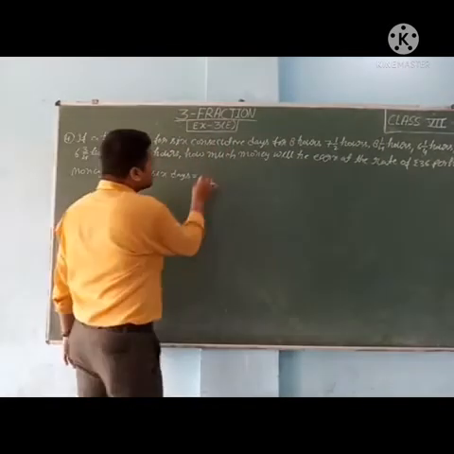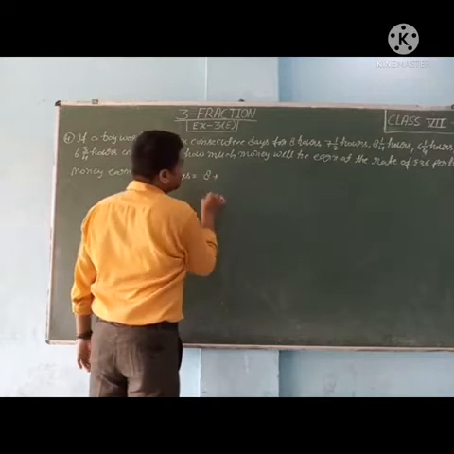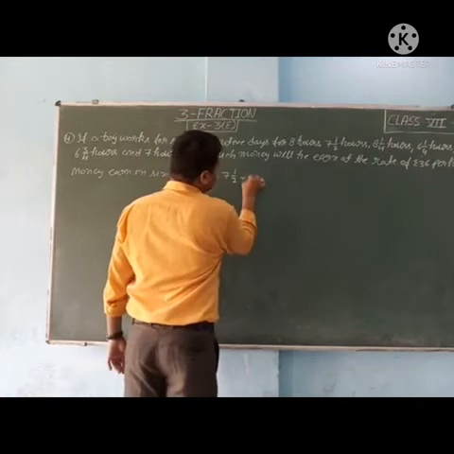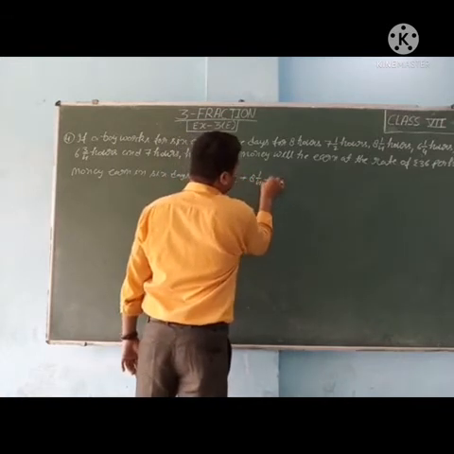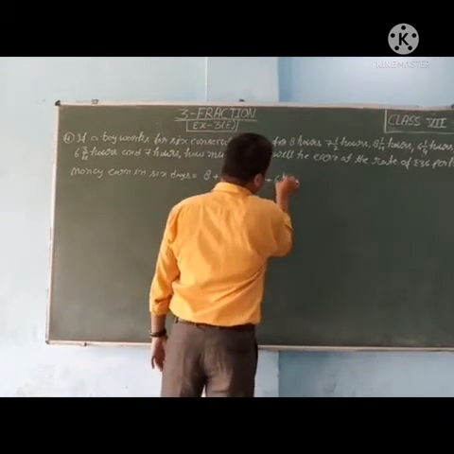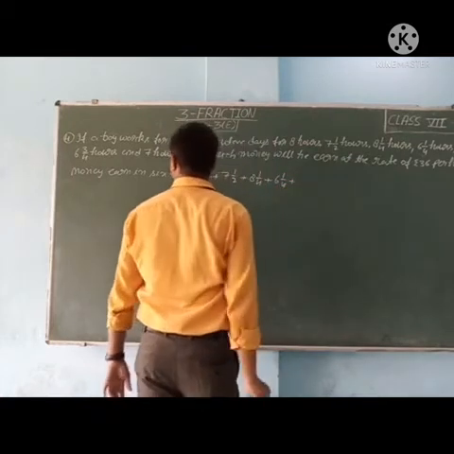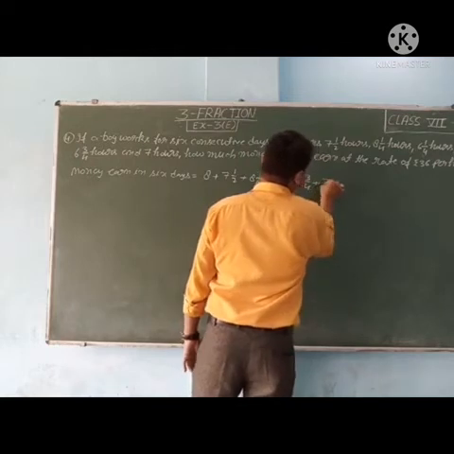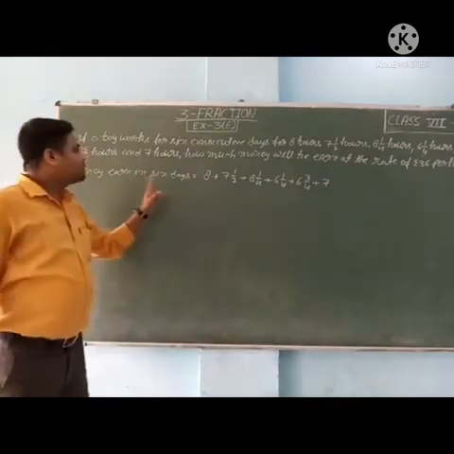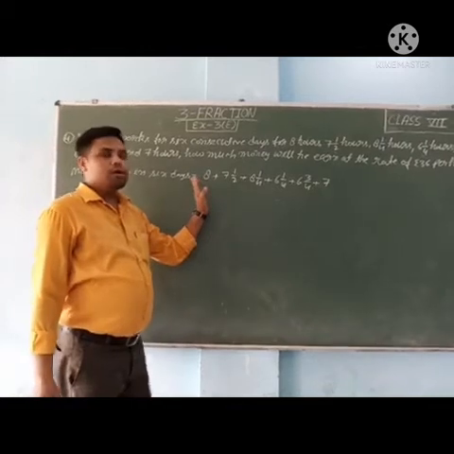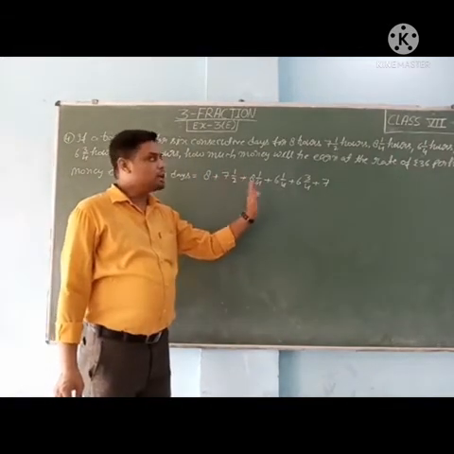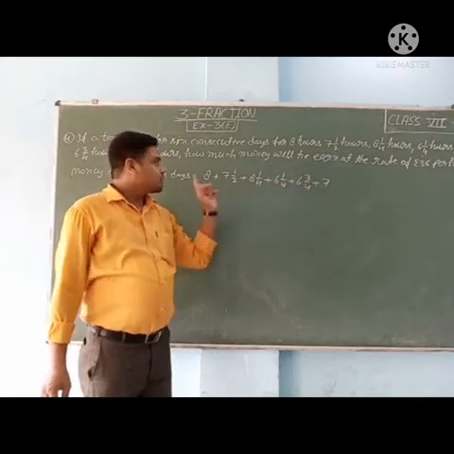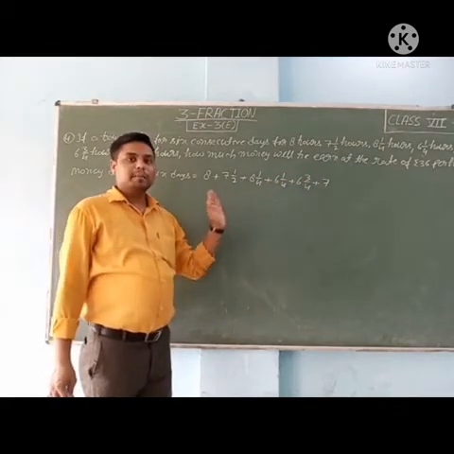So sum of hours: 8 plus 7 whole 1 upon 2 plus 8 whole 1 upon 4 plus 6 whole 1 upon 4 plus 6 whole 3 upon 4 plus 7. Money earned in 6 days is equal to sum of hours multiply 36. Rate per hour means sum of hours multiply rate per hour.